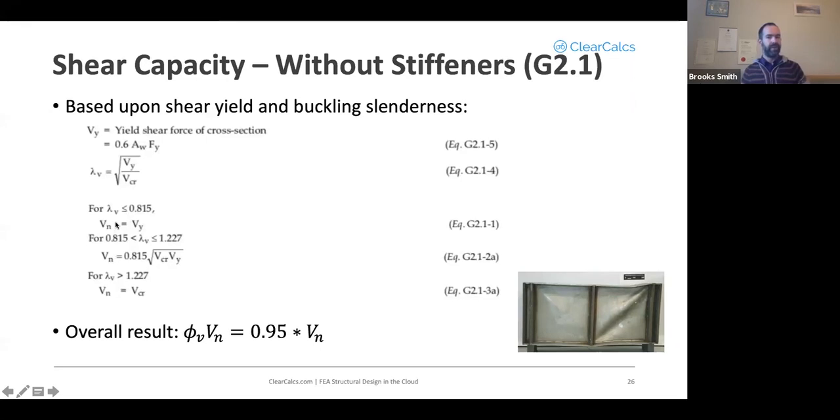And then you switch based upon that slenderness coefficient as to whether you take your overall shear capacity equal to the yield capacity, the critical buckling capacity, or something in between. The phi value for shear is 0.95. So your overall shear capacity is then going to end up being 0.95 times Vn.